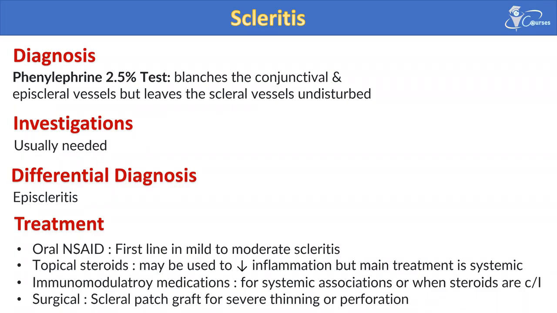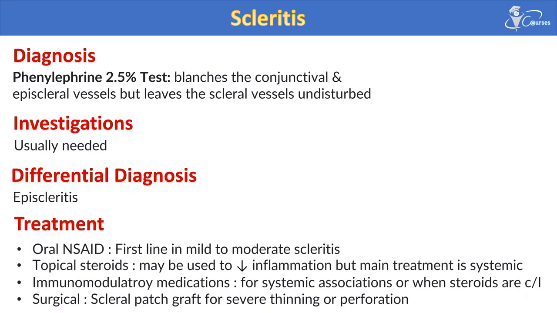Investigations here are usually needed. Unlike episcleritis, we need investigations in such a condition. For scleritis, we need to know what the underlying systemic conditions are. The main differential diagnosis will be episcleritis, and the treatment will depend on the case.